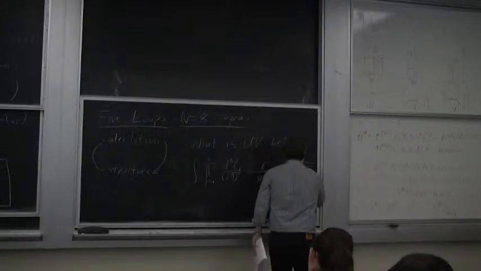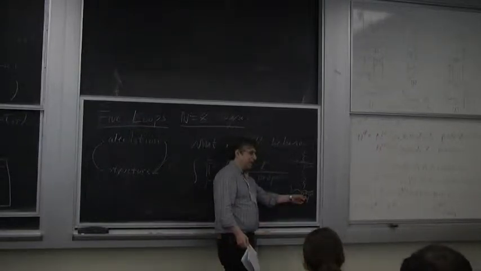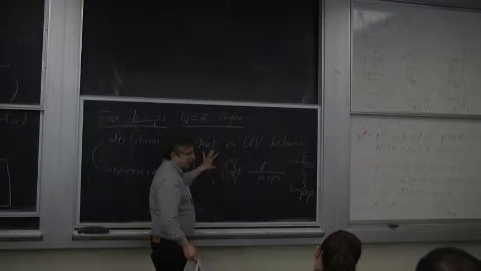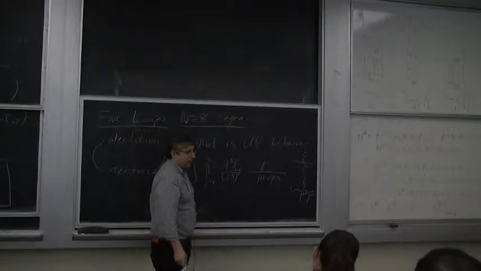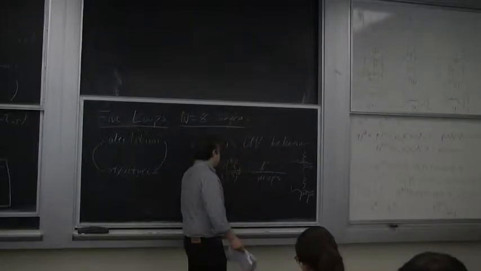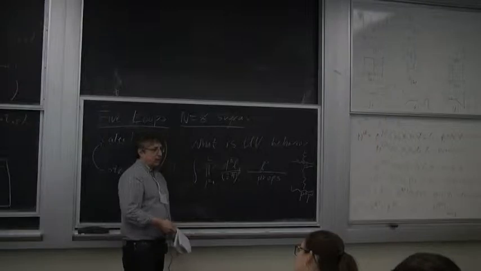Now, if we look at gravity, then there's 2 powers of momentum. If you take 1 power and you turn it into 2 powers, then you get an integral that has a worse behavior. It's as simple as that. And based on that, then you can argue that gravity is going to be poorly behaved in the ultraviolet.